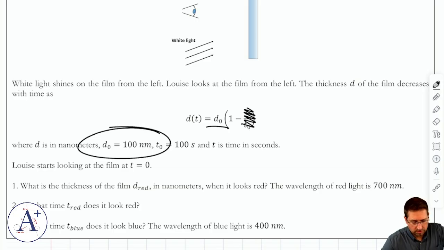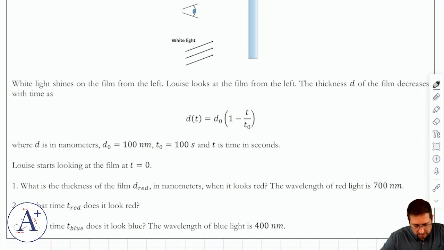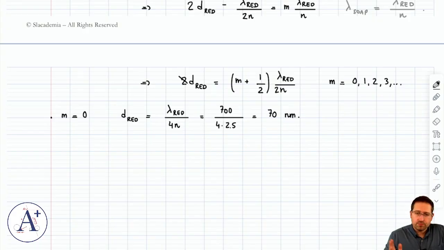That's 100 nanometers. So it's going to go from 100 nanometers to 0. So as long as I'm within 100 nanometers, okay, I'm fine. So if I wait long enough, the film will thin down to 70 nanometers. It will then look red because one thickness corresponds to one color.